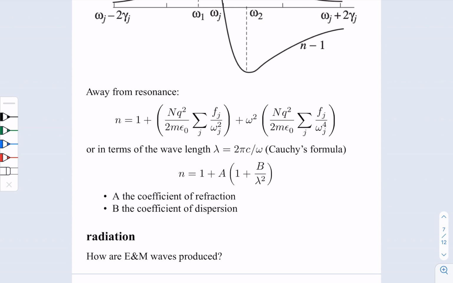So if you are thinking of doing some research related to, say, fiber physics, how electromagnetic waves behave in fibers, then you can look into that chapter.